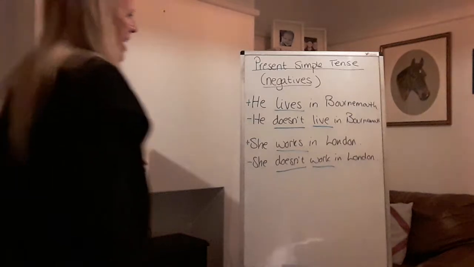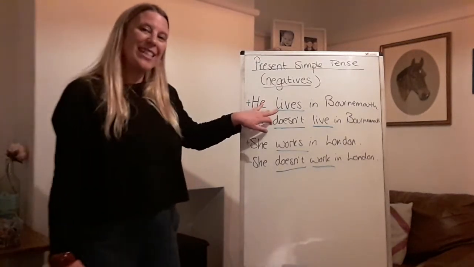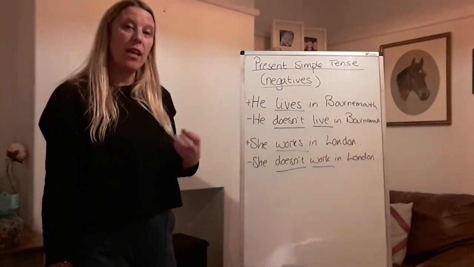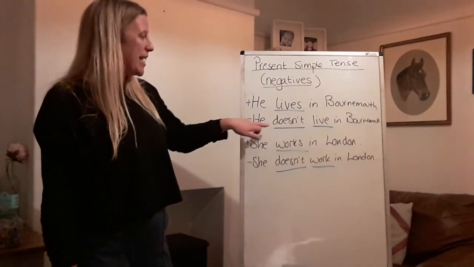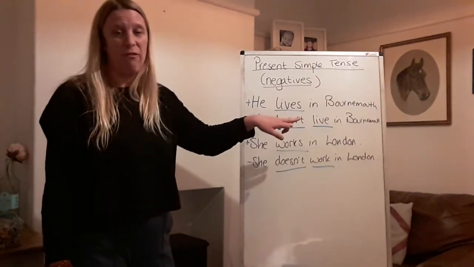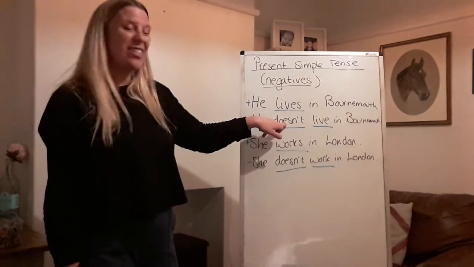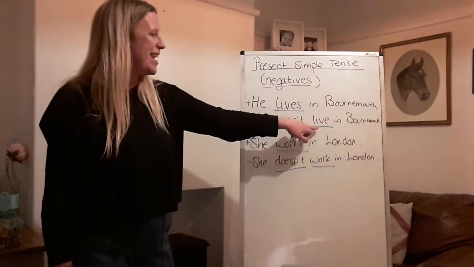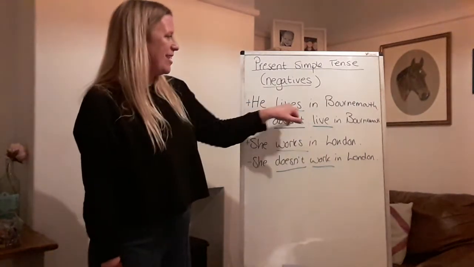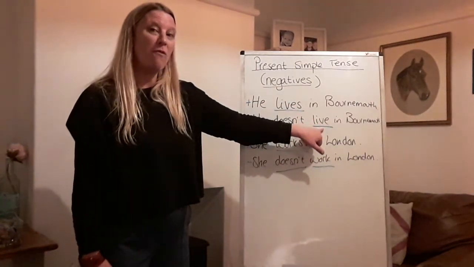Okay, so you can see here we've got our present simple positive. He lives in Bournemouth. So with he, she, it becomes he doesn't live. So we get the doesn't, does not live in Bournemouth. And the lives goes back to the base form of live.